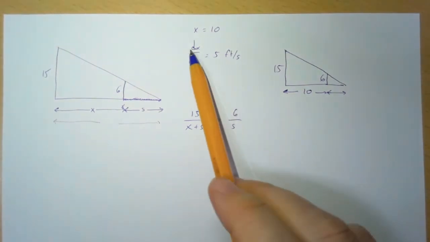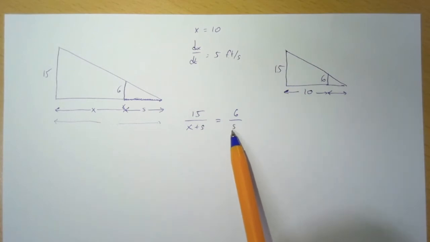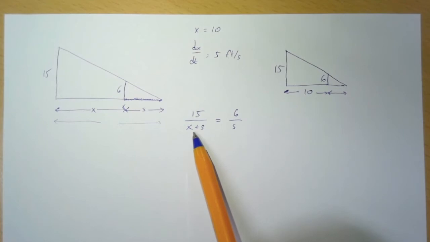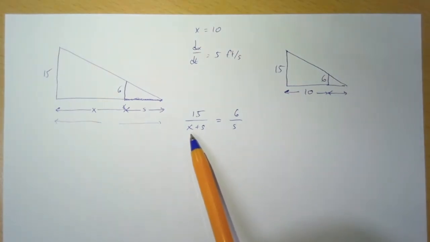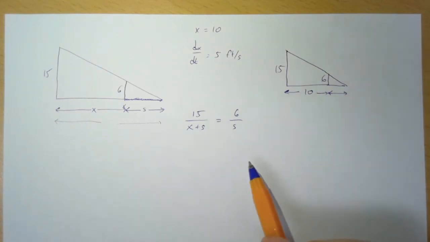And because I know dx dt, it's quite clear that I'm going to want to take the derivative of something, because I have an x, so taking the derivative is going to produce a dx dt. However, I'm not forced to do it right here. If I did it right here, it could actually become pretty complicated.